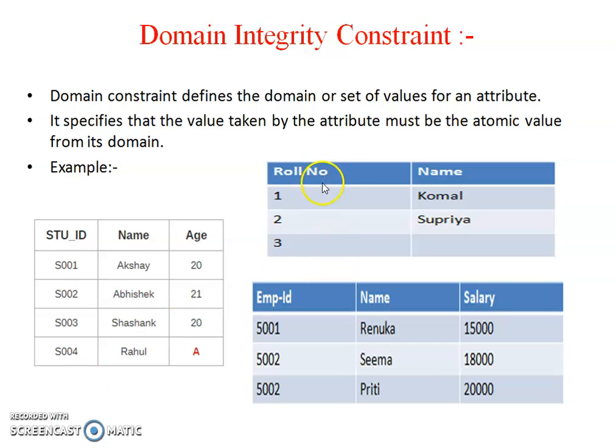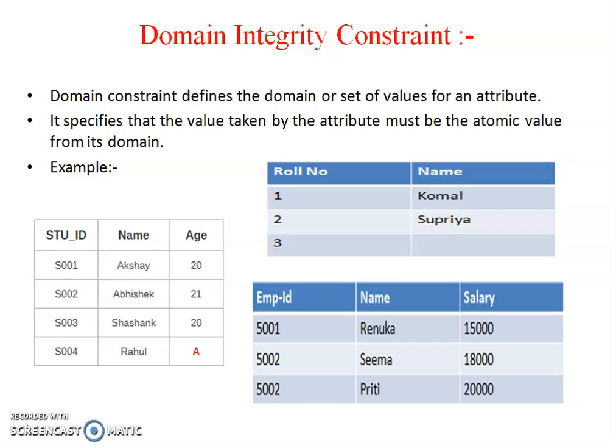See in this example, the student has a name field with a not null constraint. This record is not allowed because we set name as not null.